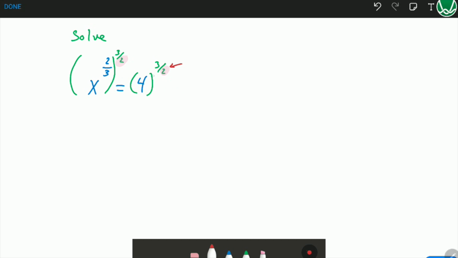So whenever you do the fractional exponent, having an even number on the bottom is essentially taking an even root on both sides. Just like when we had x squared equal to 4, that would give us x equals positive 2 and negative 2.